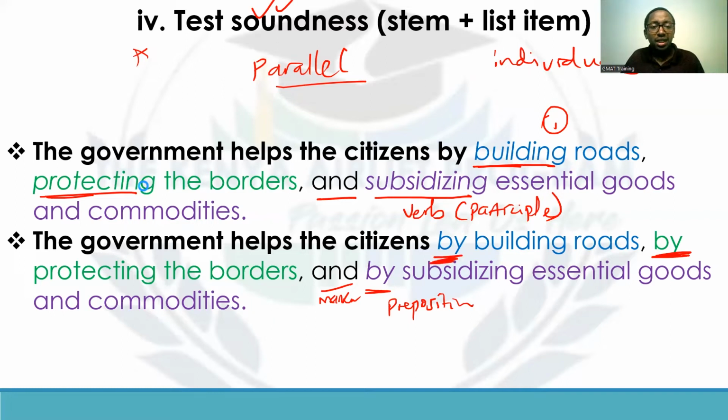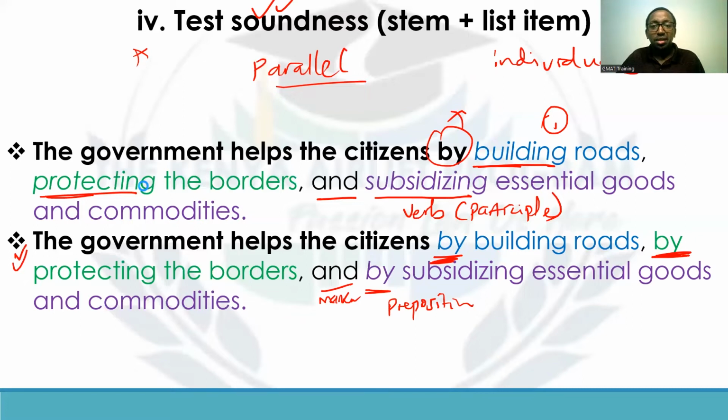When testing such a sentence, the stem now changes, it doesn't include this preposition because each list item has its own preposition. So the government helps the citizens by building roads, so that's okay. The government helps the citizens by protecting the borders. The government helps the citizens by subsidizing essential goods and commodities. So this also is parallel and the meaning is sound.